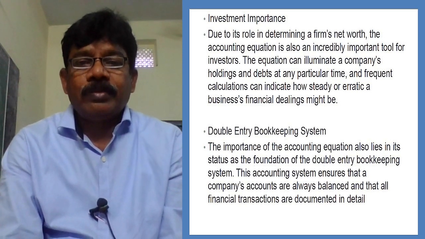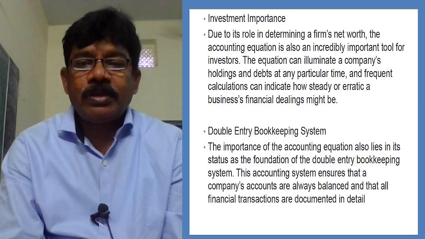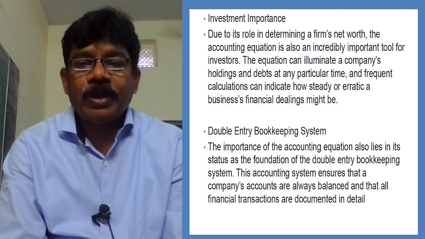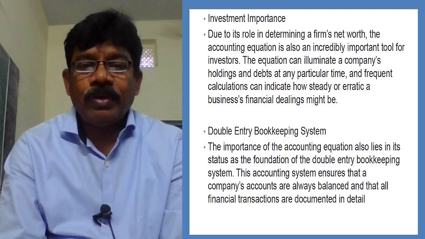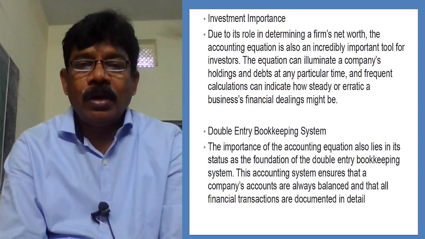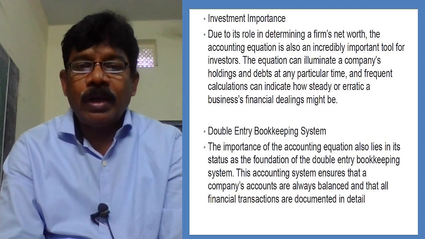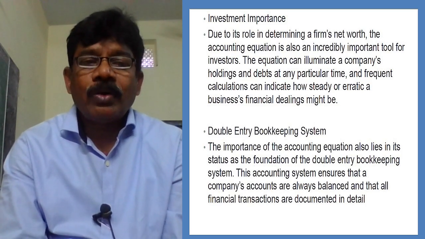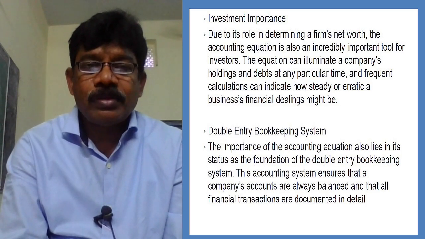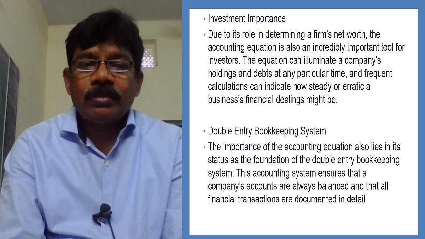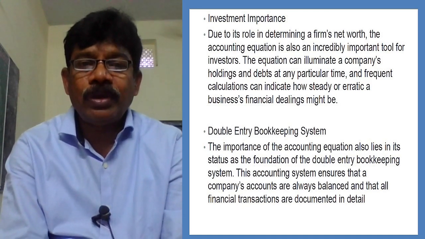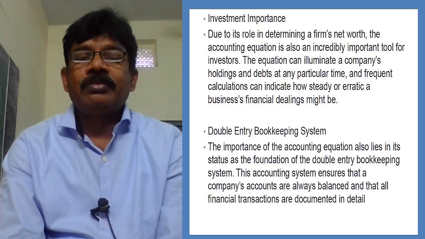his investment. The equation can illustrate the company's holdings and debts at any particular time, and frequent calculations can indicate how steady or erratic a business's financial dealings might be. Okay, if such a company has diluted or diverted the funds, then automatically it will be known to the investor.